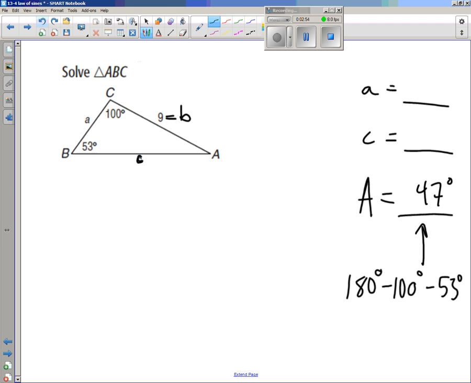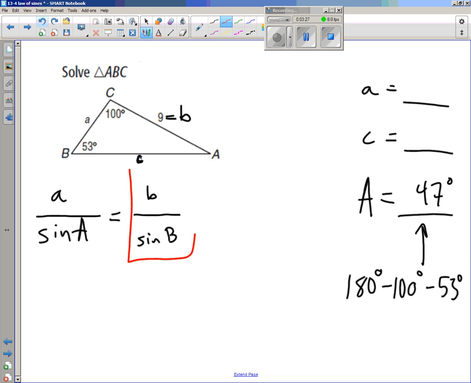Next thing we can do is use the law of sines with either A and B, which is what I'll choose since I've started writing it. What we always pick is basically we know both little b and big B, so that's the one we're going to have to use.